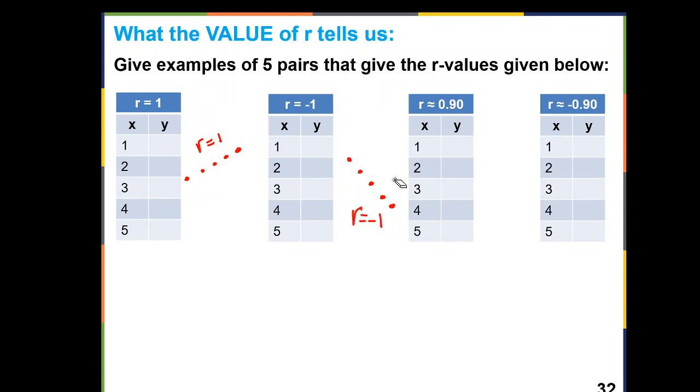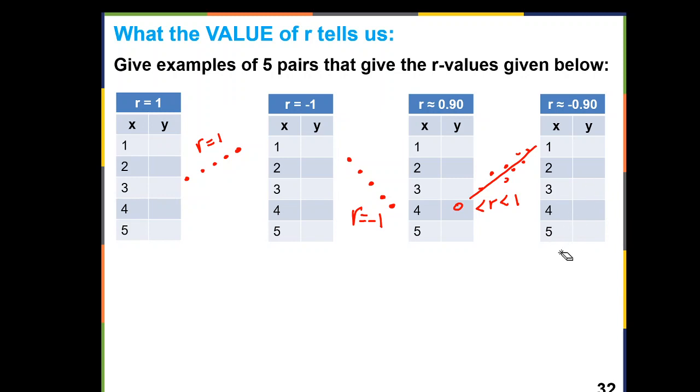If we have a bunch of points that are on a straight line with a positive slope, but they're not exactly on a straight line, but they're very close to it, R would be close to 1, but not 1. So R would be less than 1, but greater than 0, right?